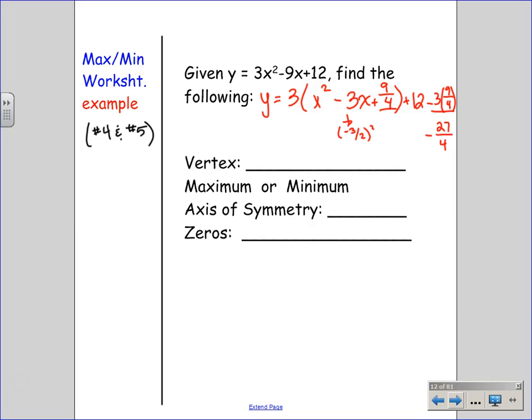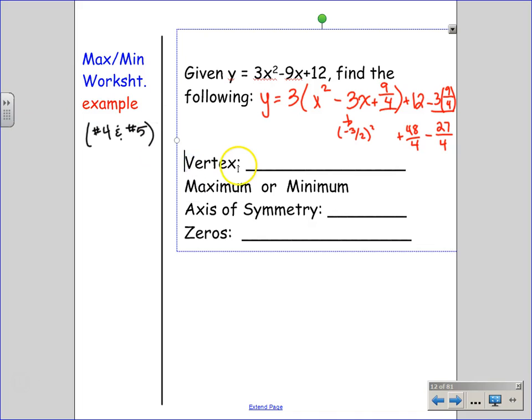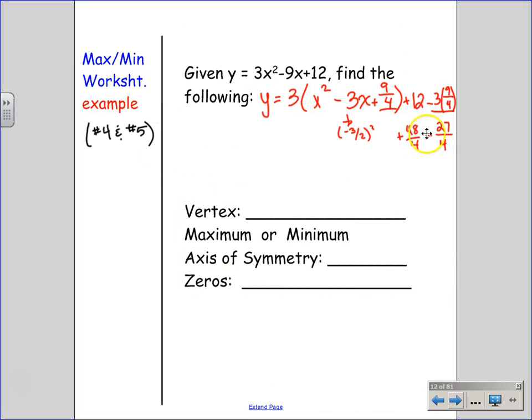What'd you guys make the 12? I would do 48/4. Wouldn't that make it easier? I think. But don't we also have to factor? So we have our 27/4, we have our 48/4. When you guys factored, the 3 should have been in front. And you got x minus 3/2, right?